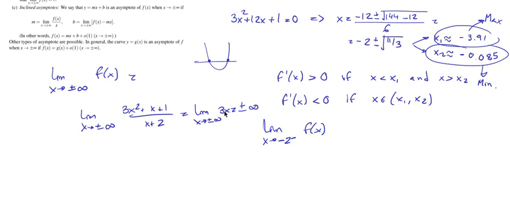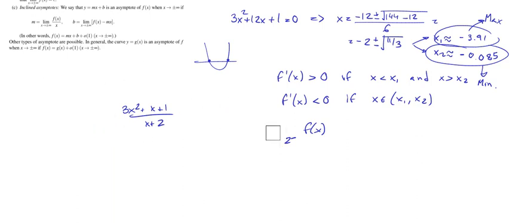So let's see, an interesting thing is that we can't really find a horizontal asymptote, but can we find a vertical asymptote, right? Sorry, an inclined asymptote, okay?